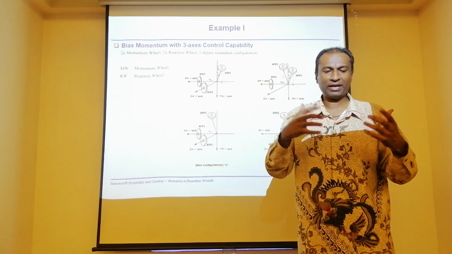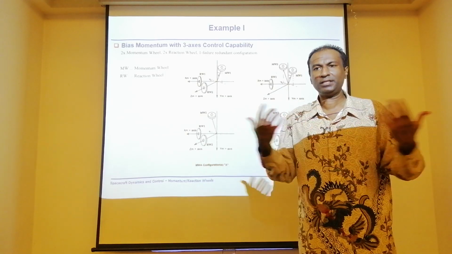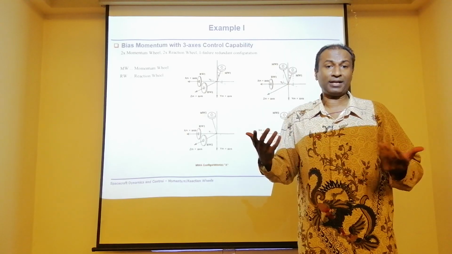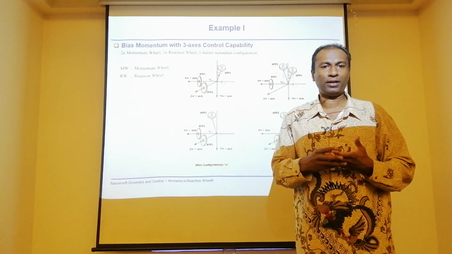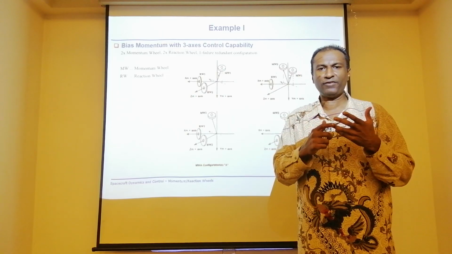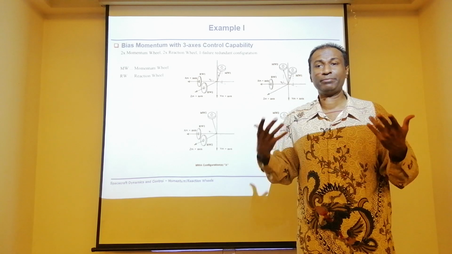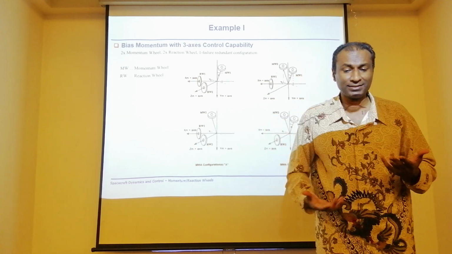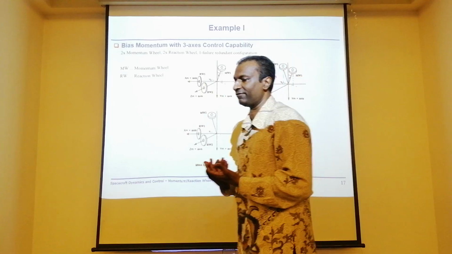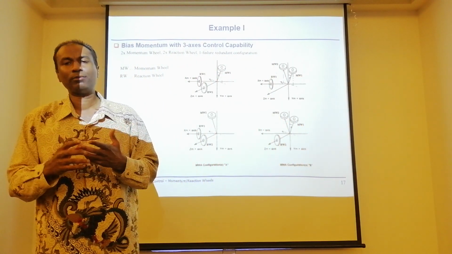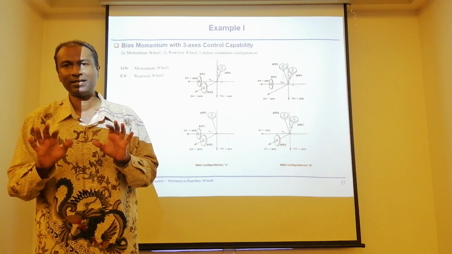Assume that you have 3 axes, and every axis needs 1 wheel, let's say. But we cannot fail. Let's say the mission is 10 years, we cannot fail. That means if one of the wheels fails, it is almost a catastrophic failure. That means there will be 1 axis uncontrollable. When 1 axis is uncontrollable, it's going to be very difficult for us to do high level missions. So normally we have a redundant wheel.